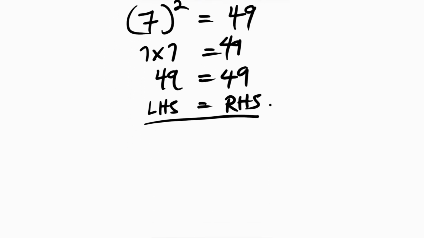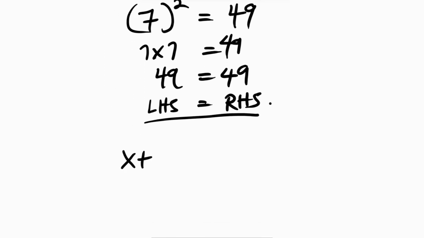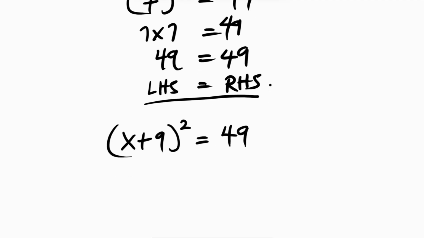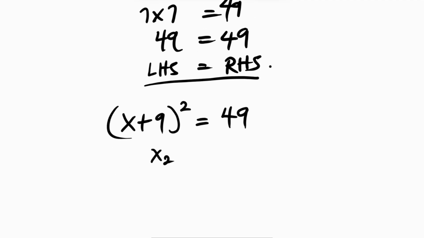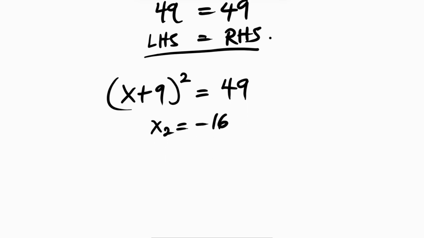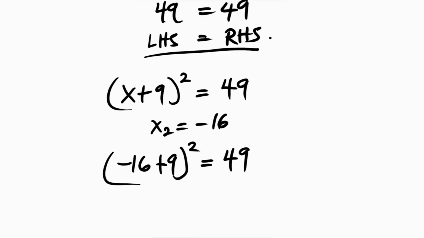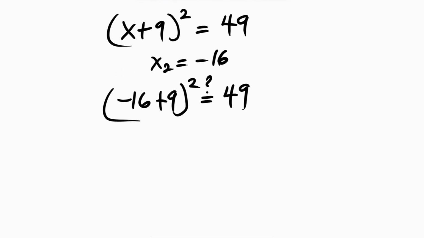Now if we go ahead and plug in minus 16 as well, we have x2 is minus 16. We have (−16 + 9)² equals 49. That's what we're trying to find out. Minus 16 plus 9 is minus 7, all squared equals 49.